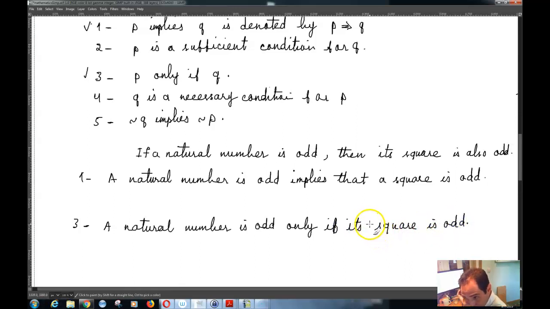And then about this case, what we said was that, let me find that place over here. Now this says, well, it's just the same thing. A natural number is odd only if its square is odd.